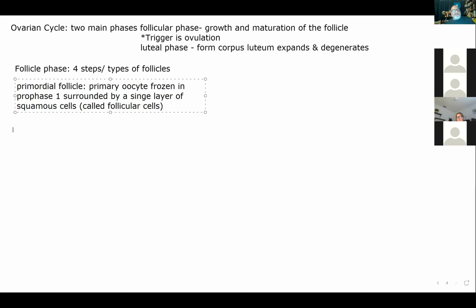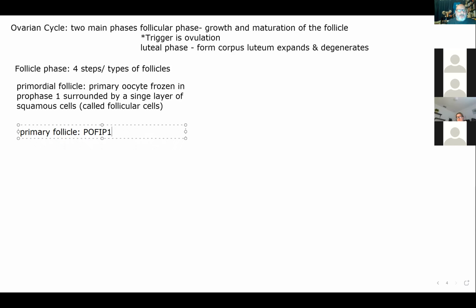Excellent. What's the second type of follicle? Primary follicle. Excellent. Describe that. The oocyte is the same. So let's cheat. Primary oocyte frozen in prophase 1.